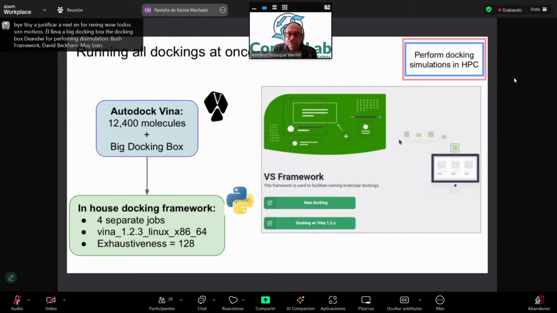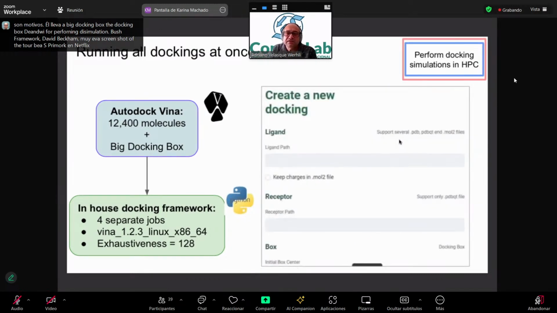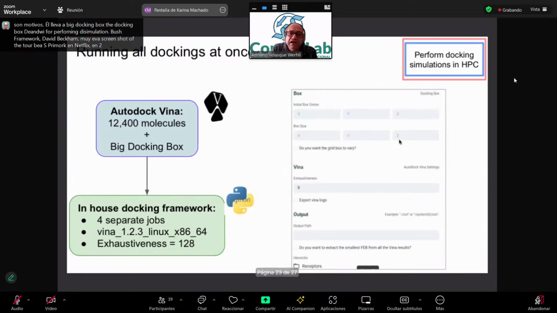We have a screenshot of it here, our VS framework. Next slide, please. In this framework, it is much easier to run a bunch of docking simulations using Vina, because we can just select all the parameters in this tool. And then next slide, please.